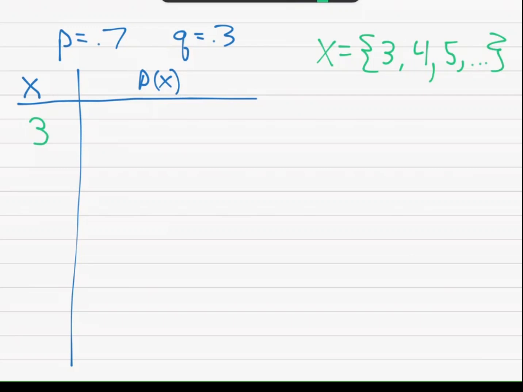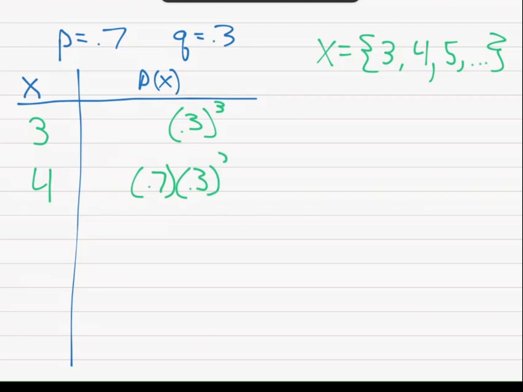Let's see if we can calculate this probability. The probability of exactly 3 rides, well, they're all failures, right? So these are 3 straight F-bomb rides, so 0.3 cubed. Now if they get 4 total rides before Dad takes them away from the park, that is 0.7 times 0.3 cubed.